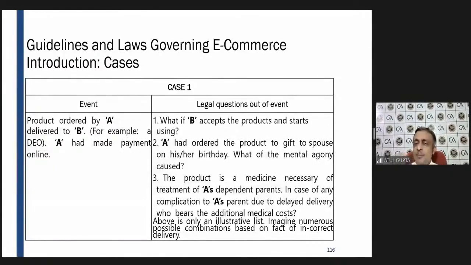So all things are merged. The event and the legal questions that may arise from it may, in today's law definitions, be covered by more than one law. There is a chance that the event may not be specifically covered by any law. Multiple laws are applicable. So that is how it is.